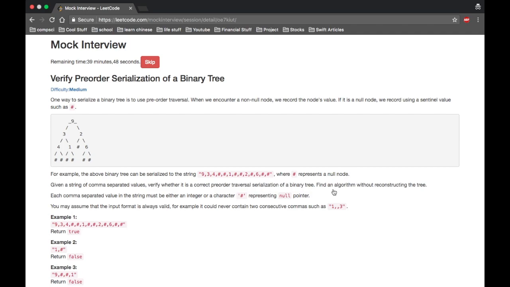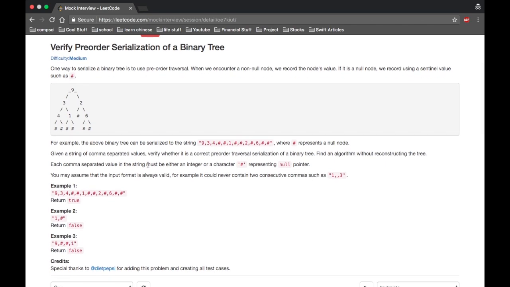One way to serialize a binary tree is to use preorder traversal. When we enter a non-null node, we record the node's value. If it is null, we record using a sentinel value such as hash. So the above binary tree can be serialized as 9 3 4 hash 1 blah blah blah.